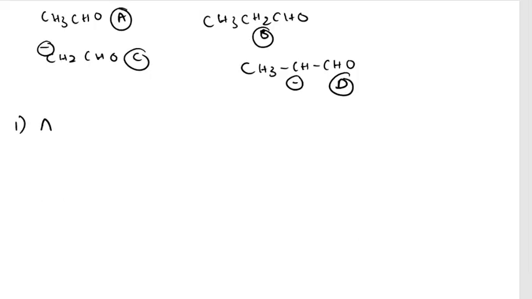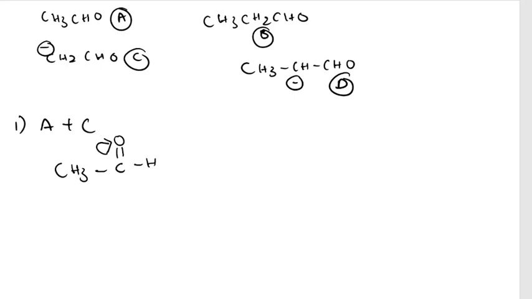First product, A plus C. What will happen if C attacks the CH3CHO? CH3CHO means this carbonyl compound, this carbonyl group.